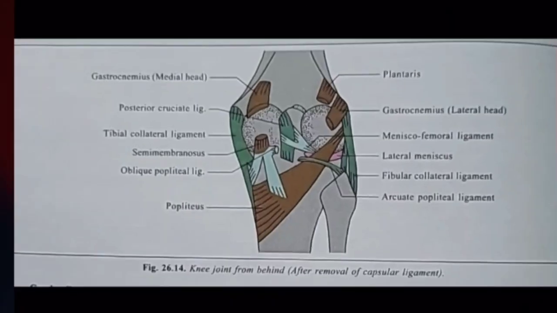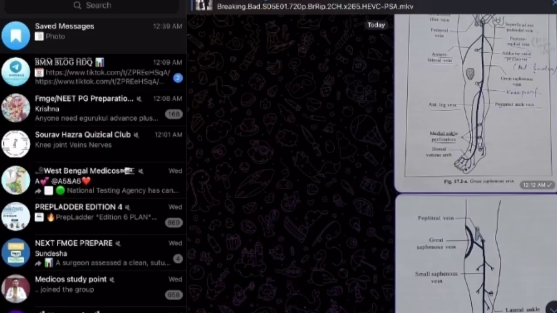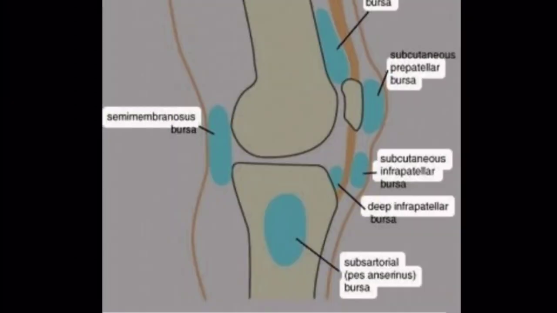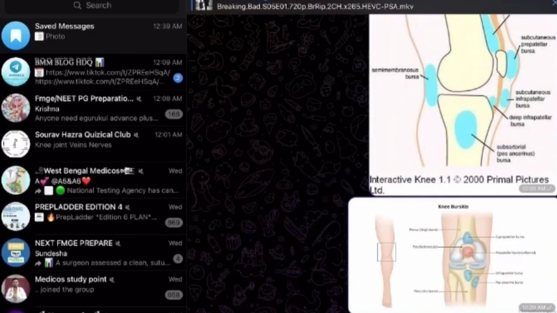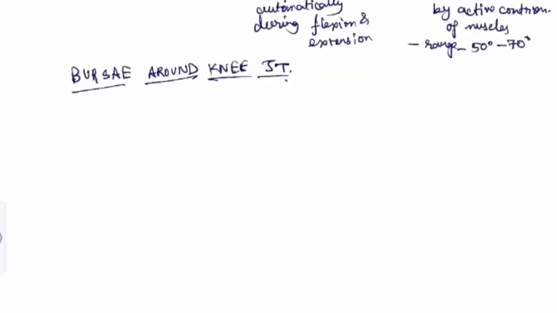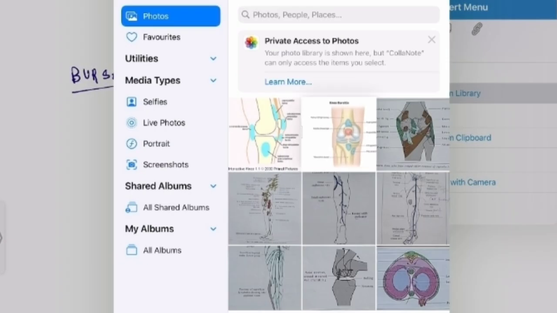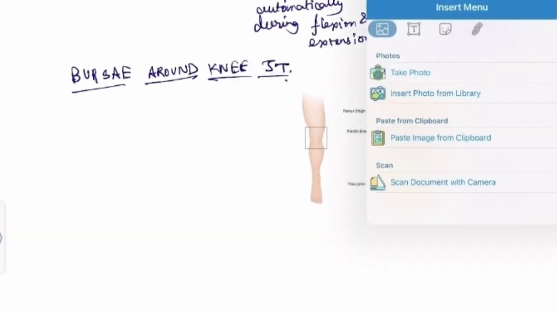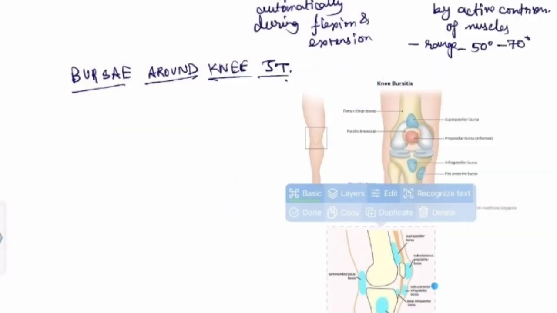Done. So let's show them to you one by one. Actually, I'll insert these two photos. It's a wonderful clinical anatomy regarding the bursa around the knee joint.